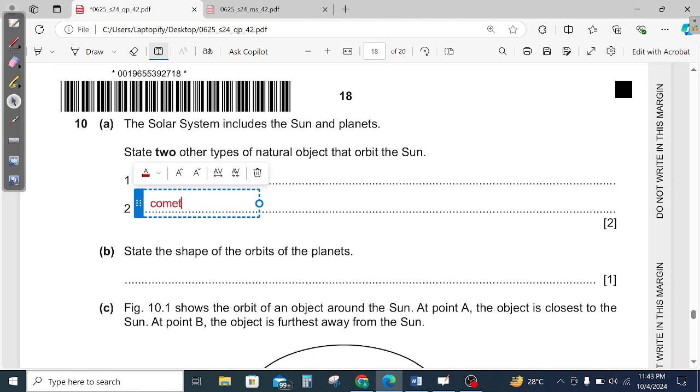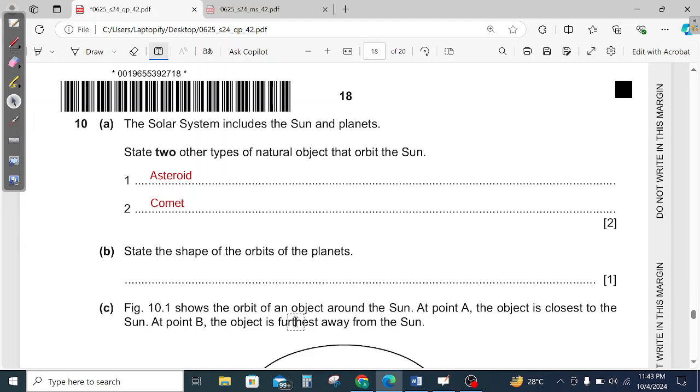Basically, they revolve around the sun in different orbits. The orbits in which the planets revolve are the orbits of the planets, but the orbits of asteroids and comets are totally different as compared to the orbits of the planets.